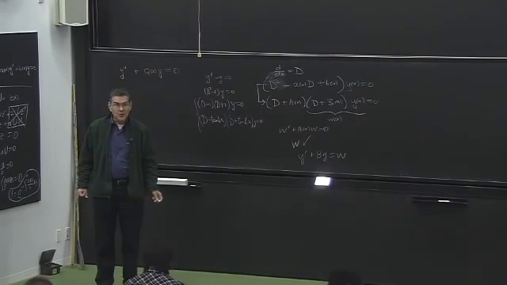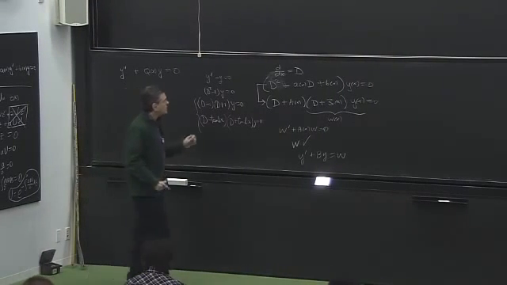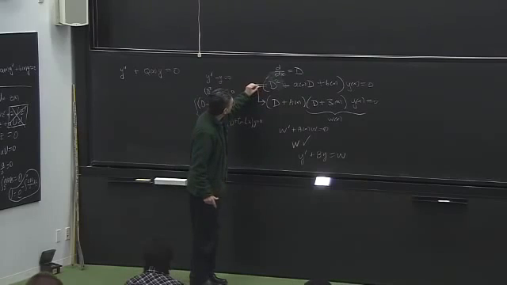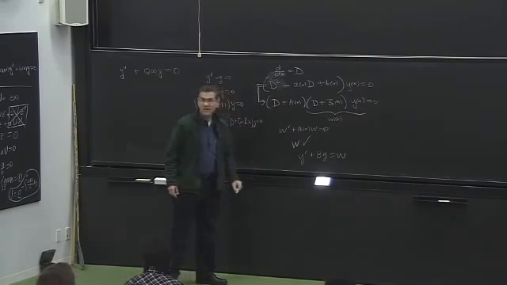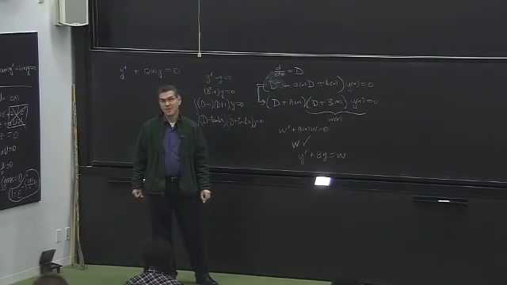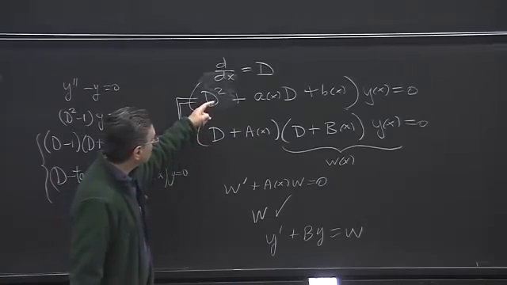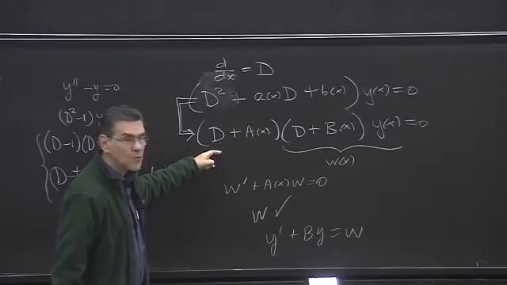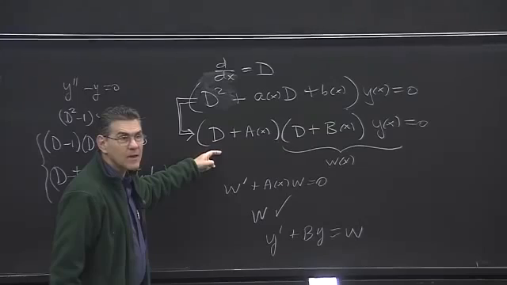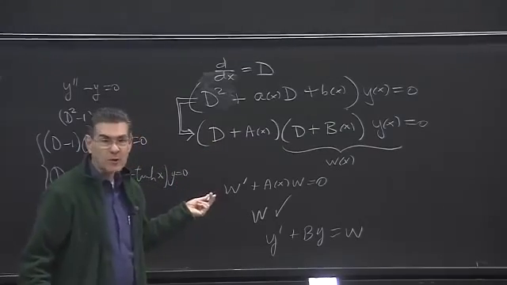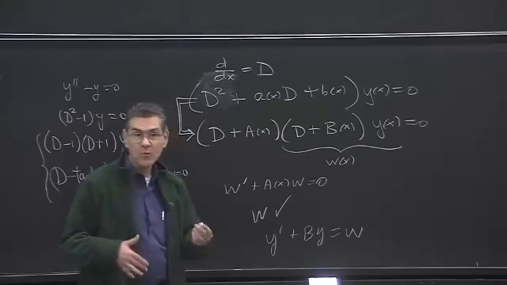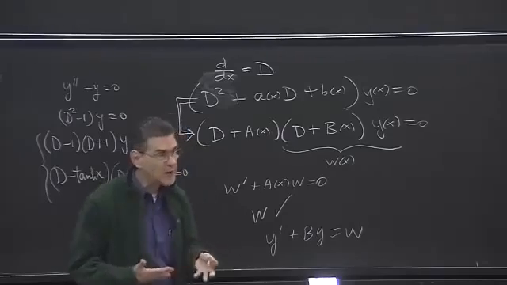Okay? So the only hard part is going from this line down to that line. But if you need to factor this to get it into this form, there's really only one way to do it. How are we going to get the factors? What is it that we have to determine?